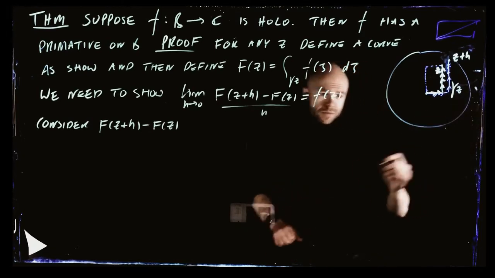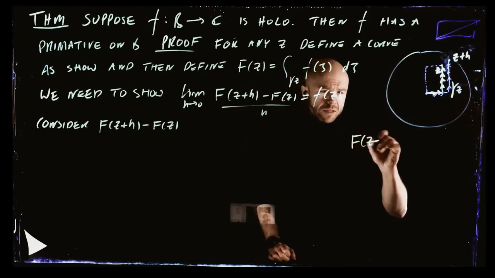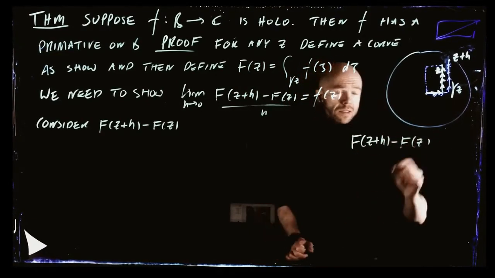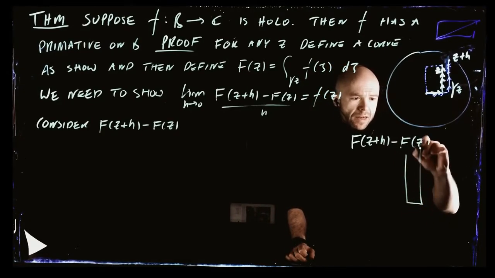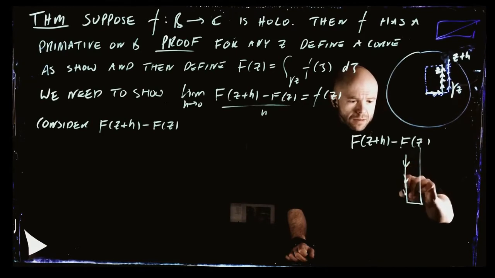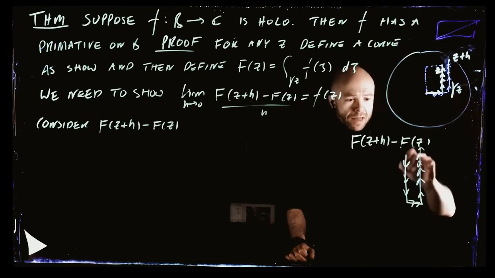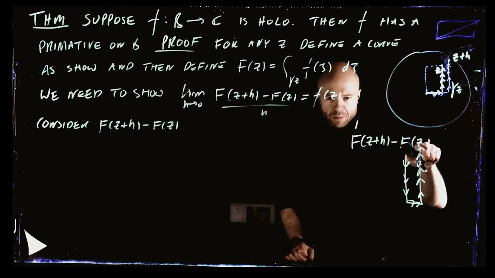So what this means is that capital F of z plus h minus capital F of z is like what happens when we go down, across, and then up like this. So we integrate little f on this contour. That's exactly what capital F of z plus h minus capital F of z would be.